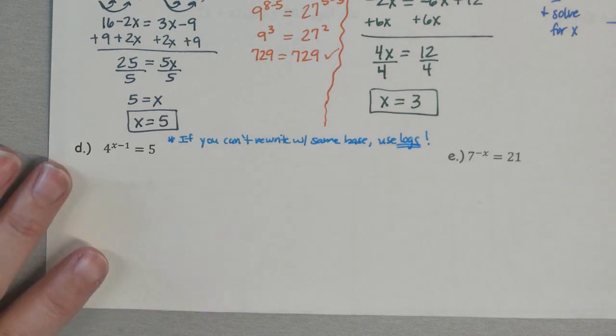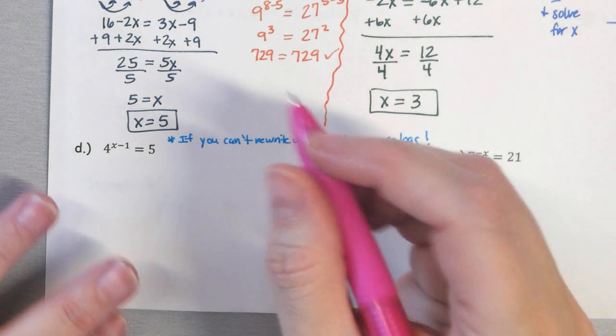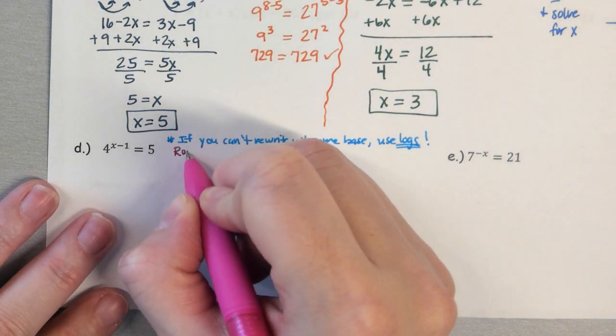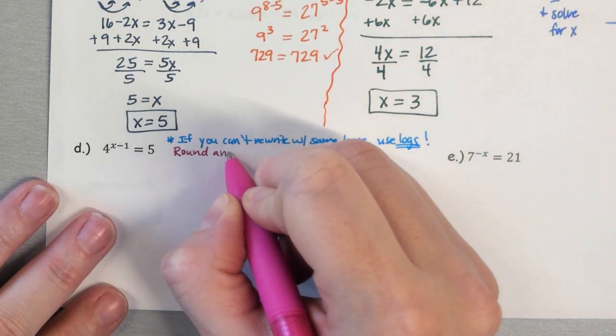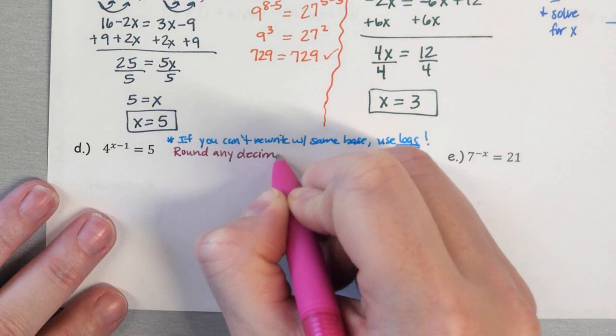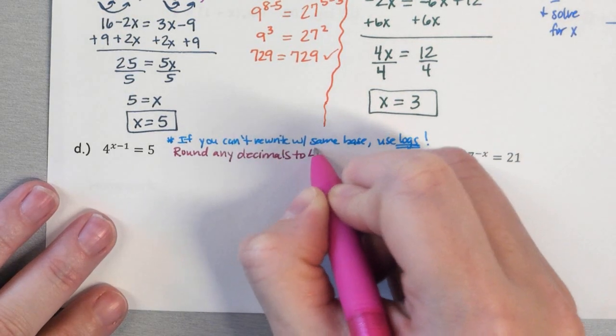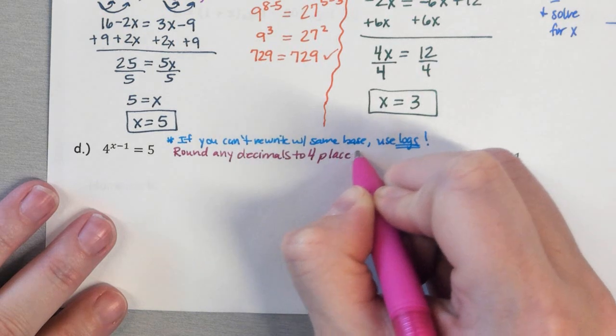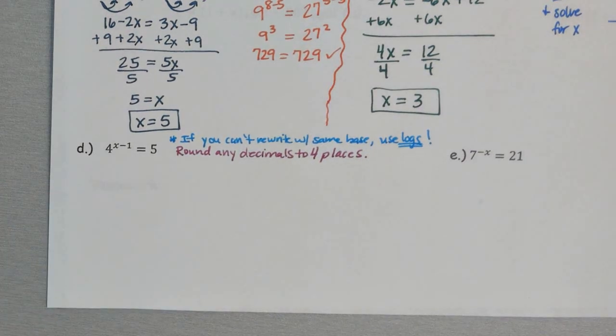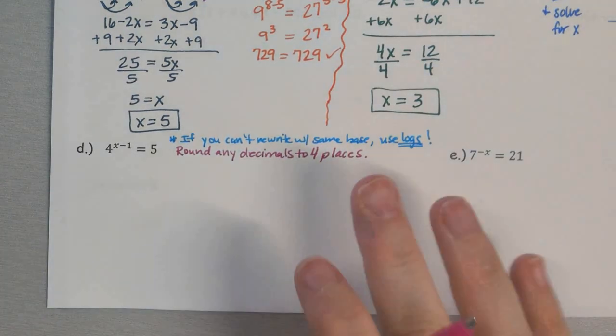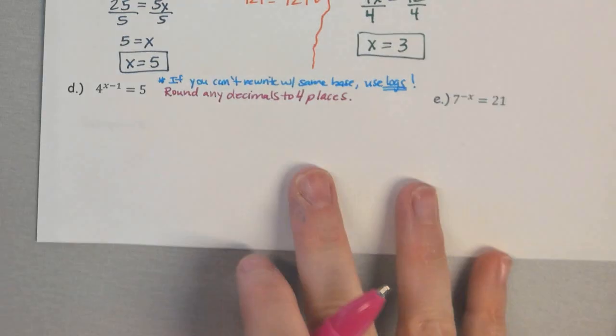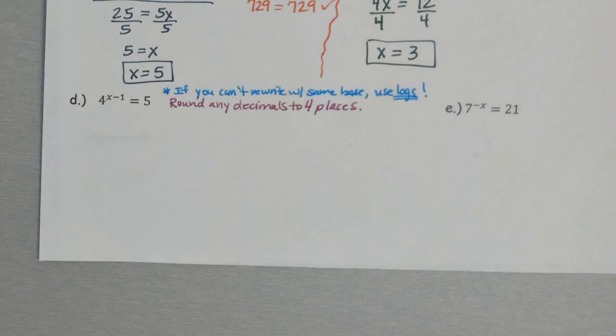Anytime you are using your log and you have a long decimal, you are going to round any decimals to 4 places. So that's just the standard place that they round logs to. Okay, because you have a lot of digits there.